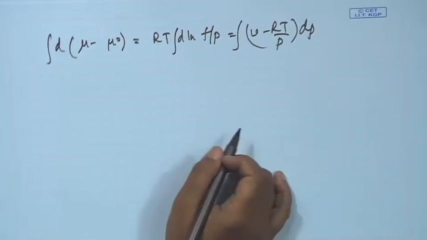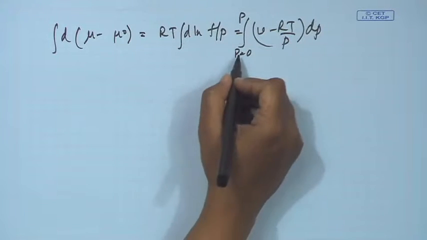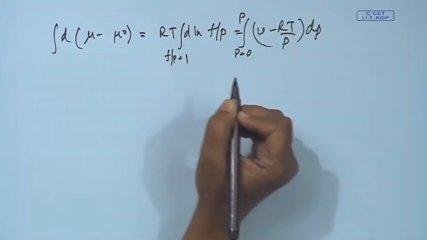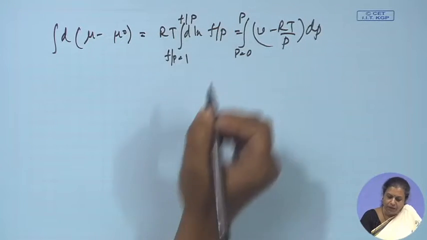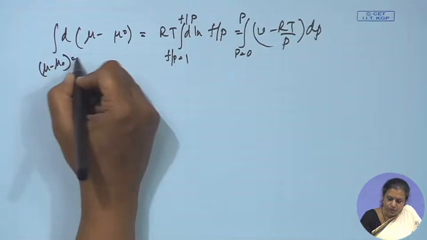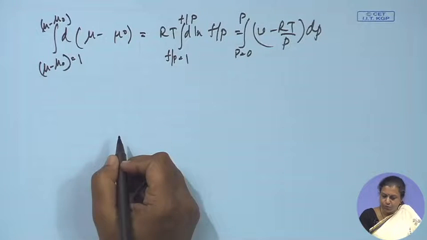Since the temperature is constant here, the only way to approach the ideal gas state is by starting from a very low pressure. So at that low pressure, say from p equals 0 to p equals p. At p equals 0, fugacity equals pressure. So this goes from 1 to f by p, and here mu minus mu 0 should be equal to 1 here, and then it should have a value of mu minus mu 0 here.